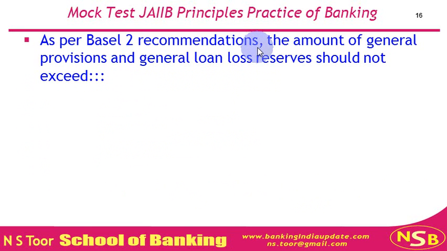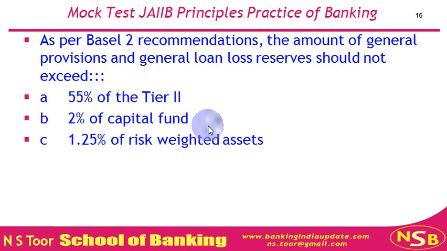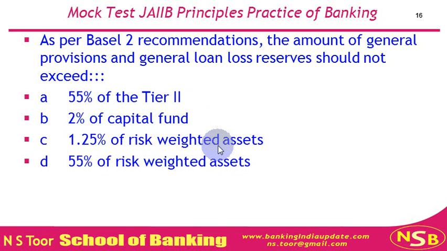As per Basel II recommendations, the amount of general provisions and general loan loss reserves should not exceed. Let us see the options. 55% of tier 2, 2% of capital fund, 1.25% of risk weighted assets, 55% of risk weighted assets.